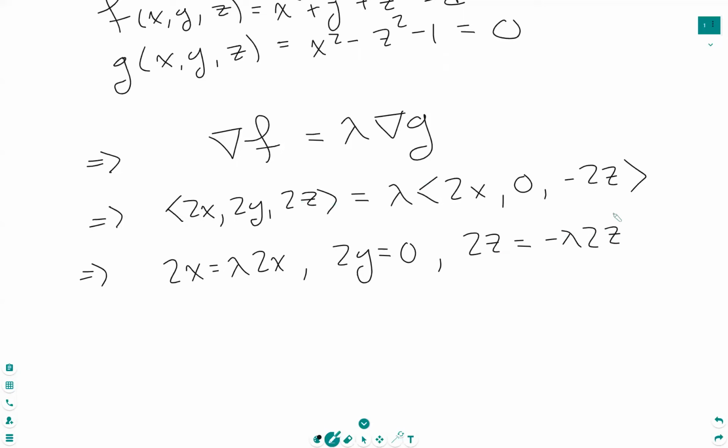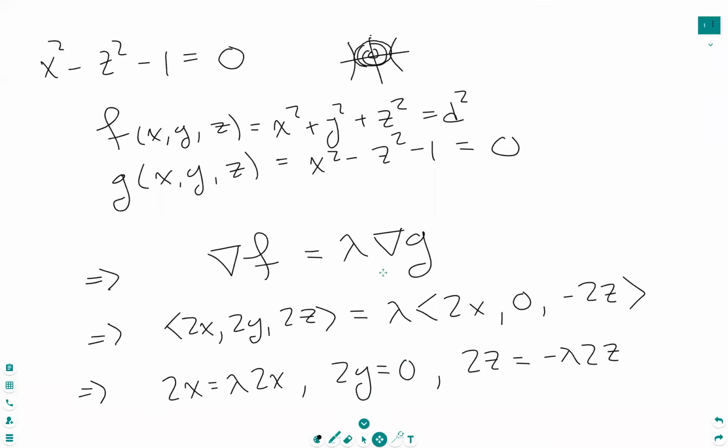Okay, so now we have 3 unknowns. Well, actually, sorry, we have 4 unknowns because we have x, y, z, and now lambda. But we only have 3 expressions here. Without a 4th equation, we can't solve this. But lucky for us, we have a constraint.